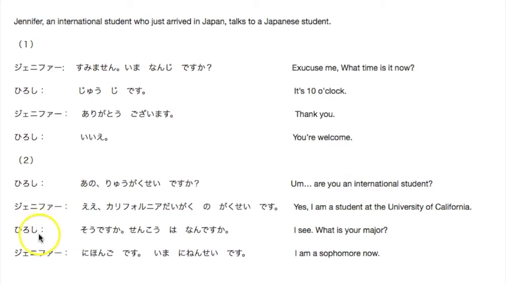Jennifer: Yes, I am a student at the University of California. Hiroshi: I see. What is your major? Jennifer: Japanese. I'm a sophomore now.